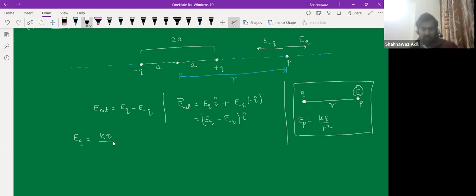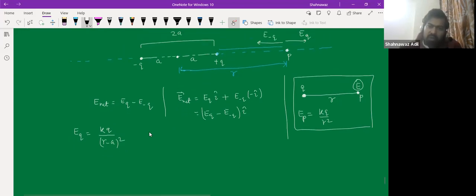R square. So we have this is Q and this is the point. What is this distance? R minus A. Absolutely correct. So R minus A and whole square. Is it correct? Yes.